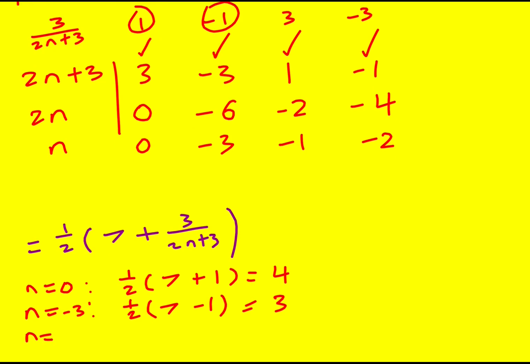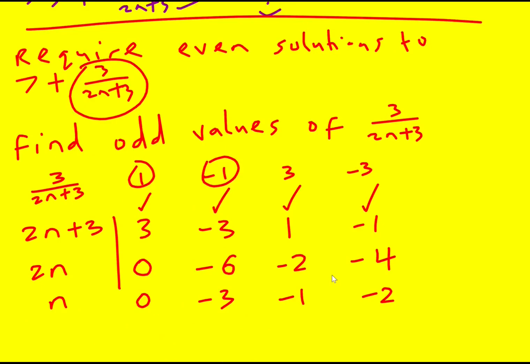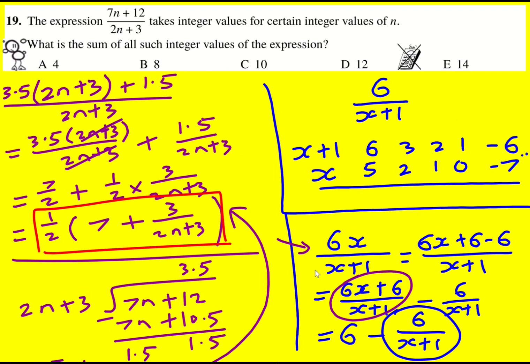When n is equal to minus 1, it's going to be a half times 7 plus 3, which is 5. Then my last one, when n is equal to minus 2, I'm going to get a half, 7 minus 3. You can see they're all working out. I'm going to get 2. And the sum of this is going to be 7 plus 7. So the answer is 14.